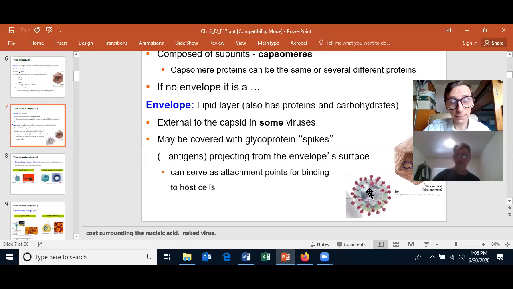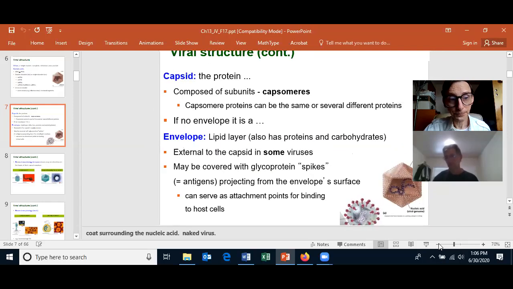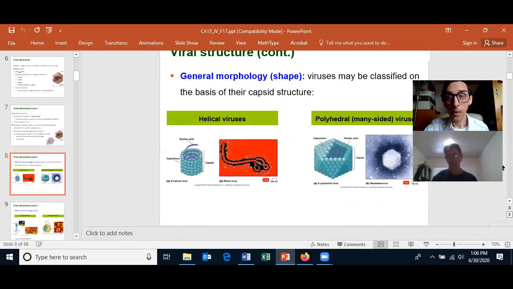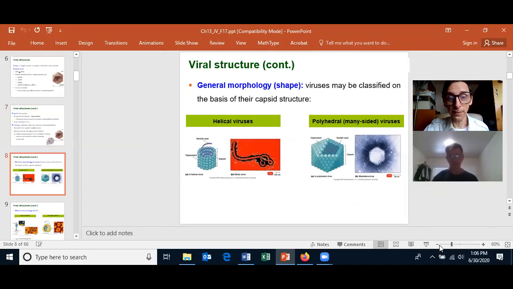I haven't really defined what antigens are, but it's what the host immune system recognizes as being foreign. And they're the most external parts to a virus or another entity which is invading the human body. So the external molecules.